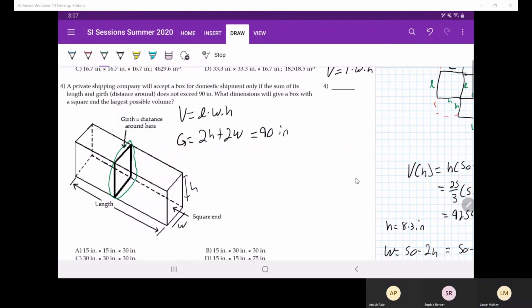Hang on. Wait. Okay, so girth, I see what you're saying. I didn't read the question. And so length plus 2h plus 2w equals 90.